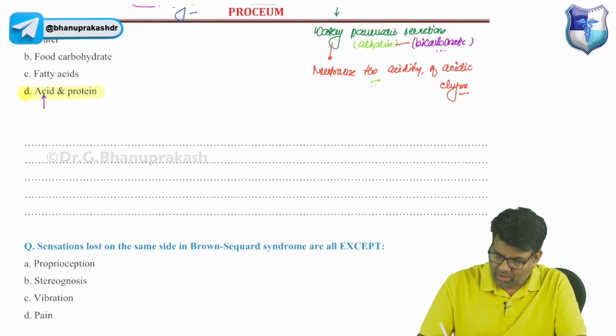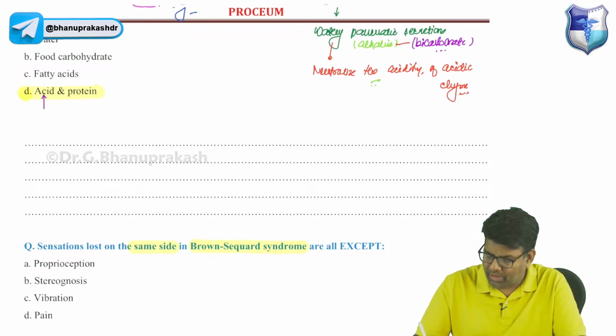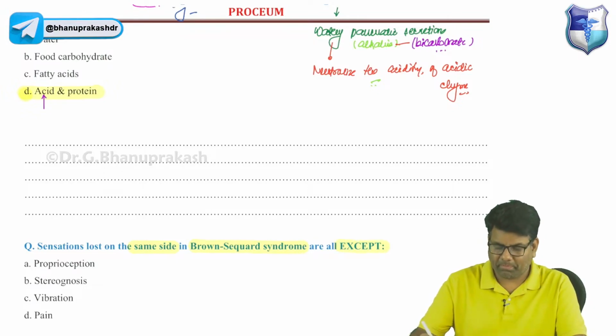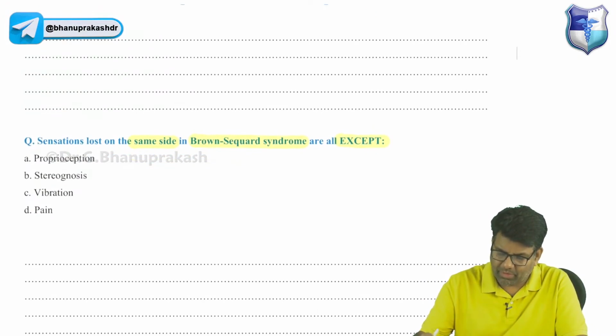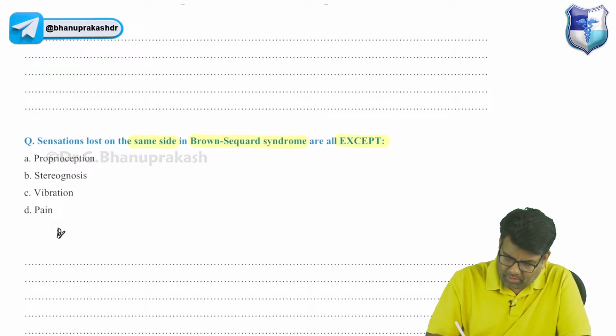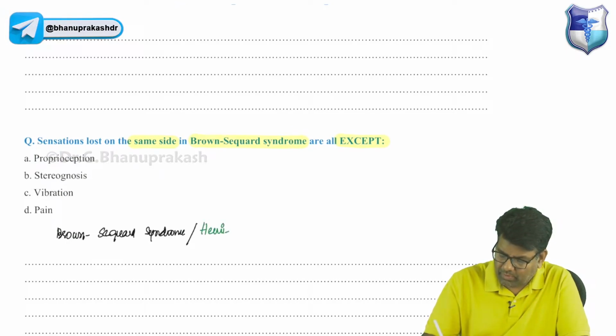Next question: Brown-Séquard syndrome. Sensations lost on the same side in Brown-Séquard syndrome are all except. Yes, anyone? So Brown-Séquard syndrome is also known as hemisection of the spinal cord.